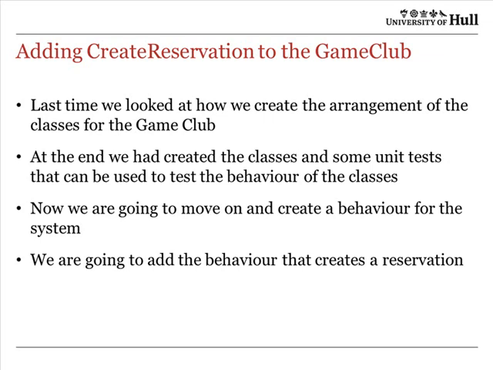For example, it's possible for the game club to have a title like a very old one like Pac-Man, say, but no actual lendable instances. So we have classes that represent those parts of the system.